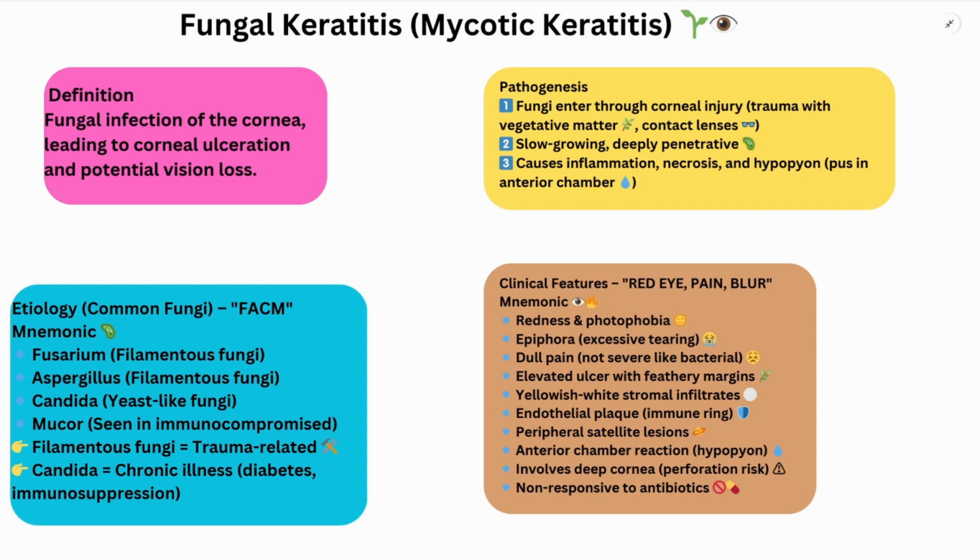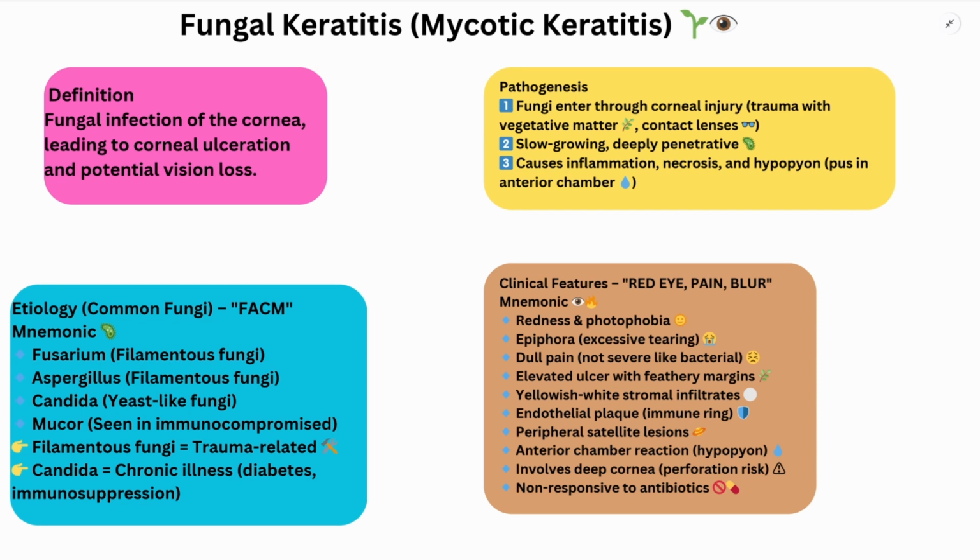For example, you will get a question like this: a farmer was apparently alright and suddenly underwent a trauma in the vegetative field. It leads to corneal disruption or damage to the cornea. So it is definitely fungal keratitis. The important point in the question that you must remember is trauma plus vegetation.